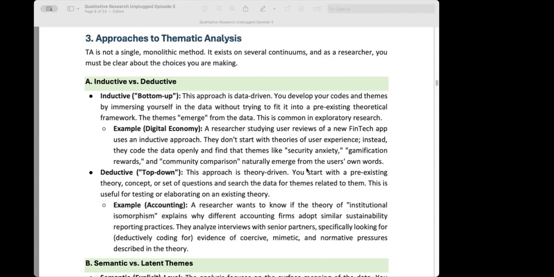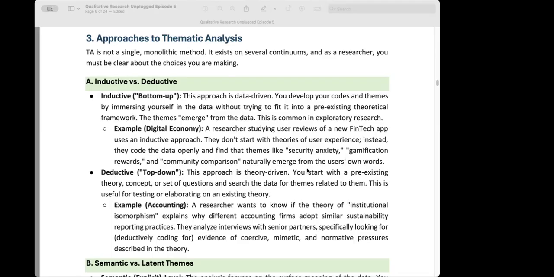Coercive pressures, like from government regulations, mimetic pressures, copying successful peers to reduce uncertainty, and normative pressures, from professional standards or education. They are actively searching for data that fits those predefined theoretical categories, using the theory as their analytical lens. Precisely. A deductive approach in action.